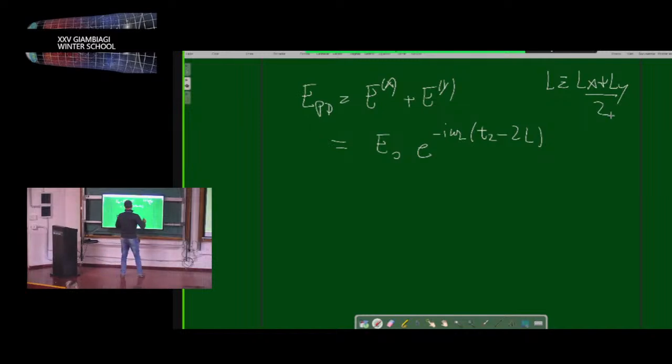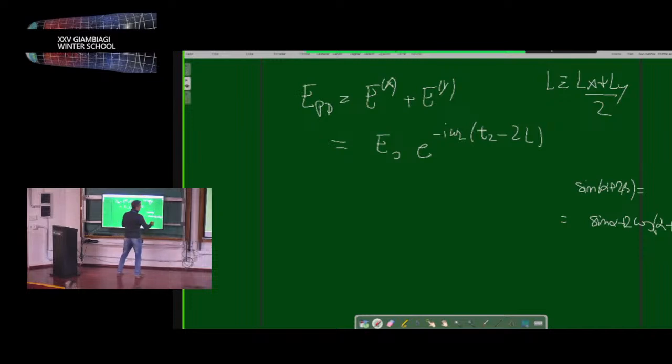And then I get, sorry, here there is something that I need to use. This is a trigonometric identity: sine of alpha plus 2 beta is equal to sine of alpha plus twice cosine of alpha plus beta times sine beta. Okay, this is just a trigonometric identity.